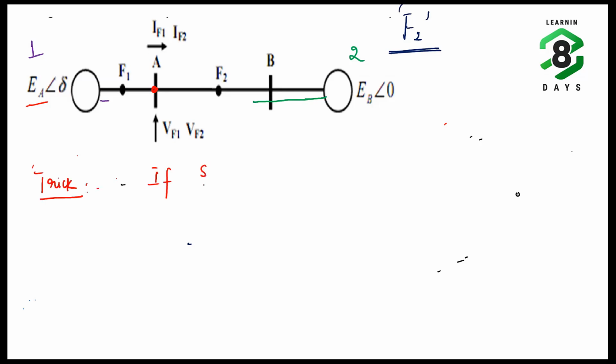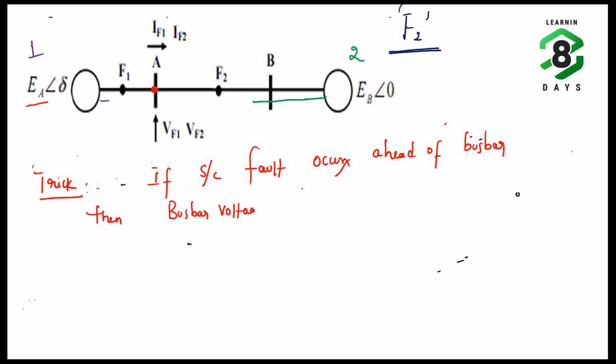What is short circuit fault? If short circuit fault occurs ahead of bus bar, ahead means after bus bar, then bus bar voltage leads bus bar current by approximately 90 degrees.